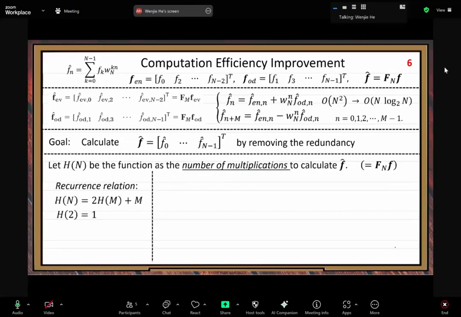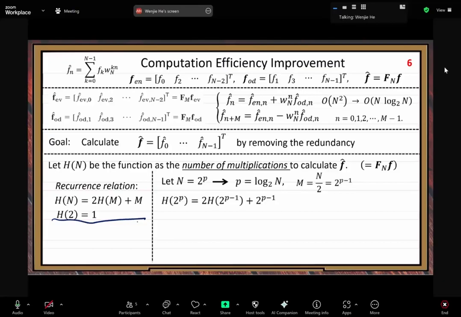This is the recurrence relation we need to solve. Here, I use capital N equal to a power of 2, 2 to the p-th power, to see what the result is. I plug in and do some transformation.